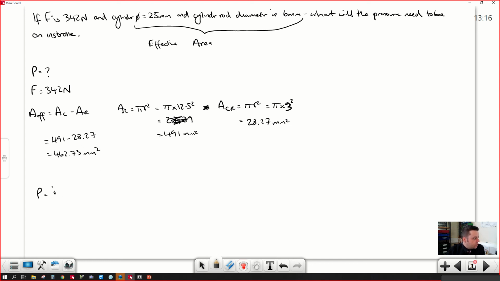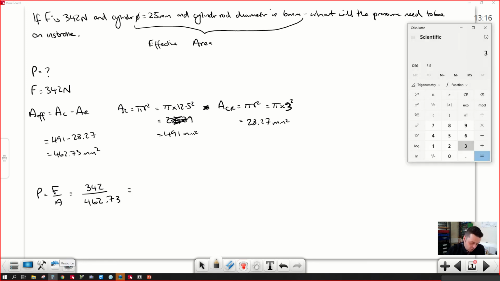Pressure equals force over area, so it's 342 divided by 462.73, which is 0.7391.